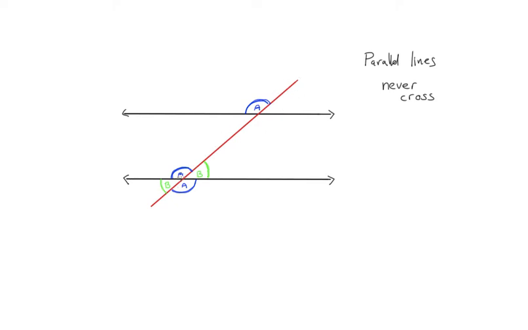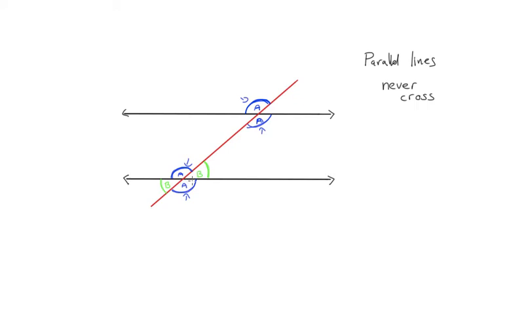So this angle here, A, the blue angle, is equal to this angle. And this angle is opposite this angle, so this is also equal.